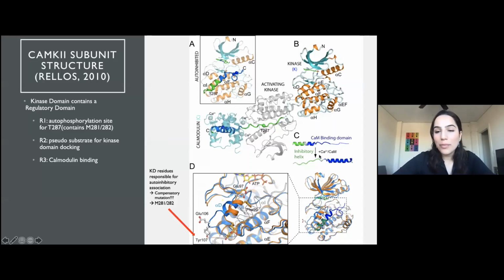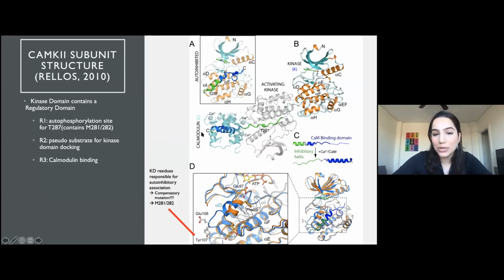So calmodulin is a calcium binding protein that's found in basically every cell of our body. So once you add calmodulin, this previously helical structure then becomes relaxed, and this previously relaxed structure becomes helical. So you see this here in the green relaxed state. This is the activated state.